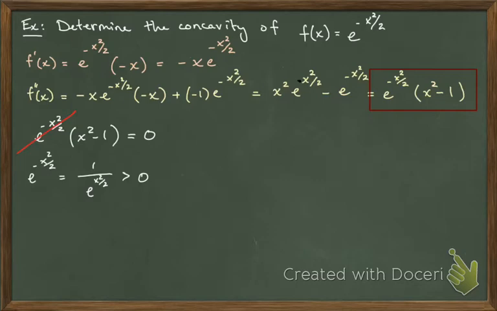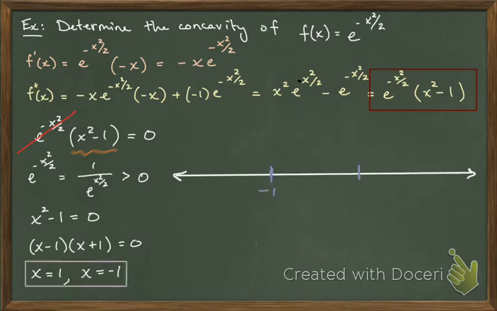This is always going to be a positive quantity. So for solving the equation where e to the minus x squared over 2 would be 0, I get nothing from that, right? I can exclude that portion, leaving me with only x squared minus 1 to be 0 to make that expression equal to 0. So solving that gives me x is equal to plus or minus 1.